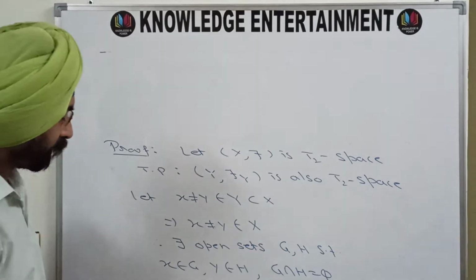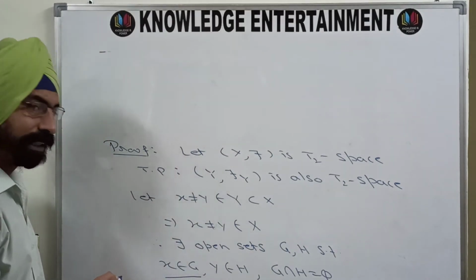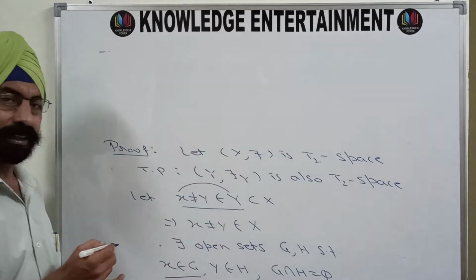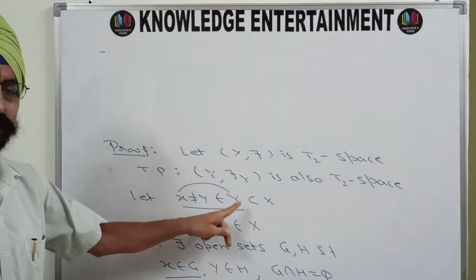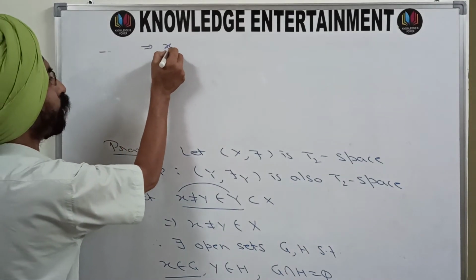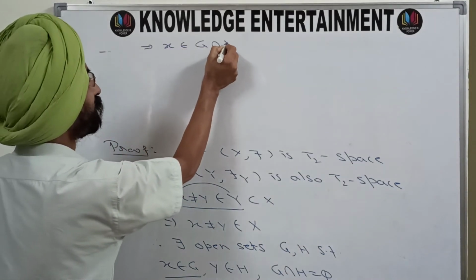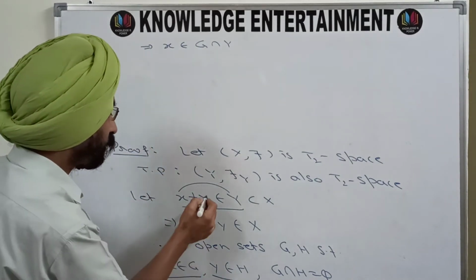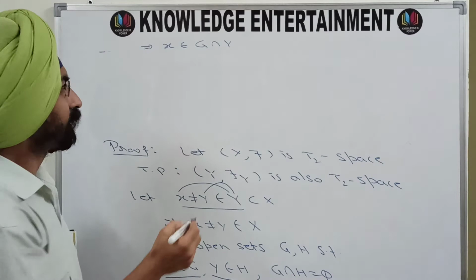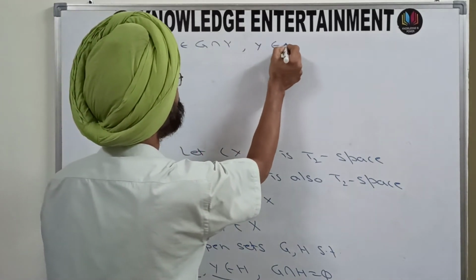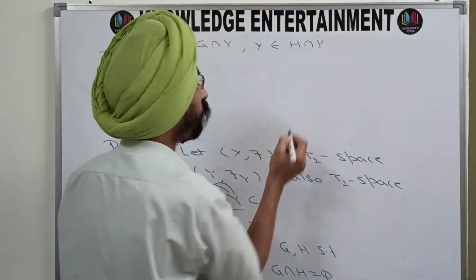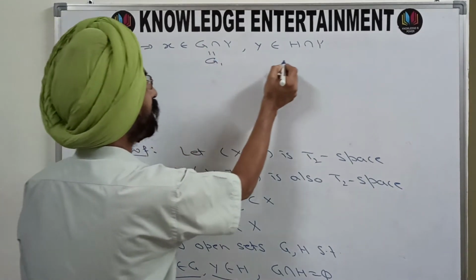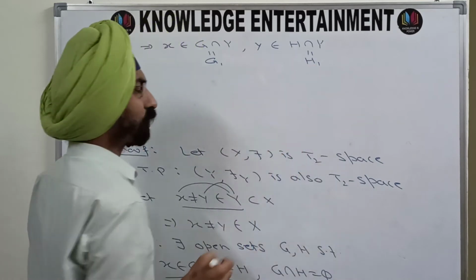So what we have to do? This x is in G, this x is also in Y. x is in G, x is in Y. That means x belongs to G intersection Y. Similarly, y is in H, y is also in Y. So y must be there in H intersection Y. Rename these two as G1 and H1.